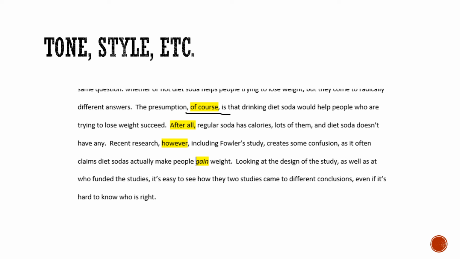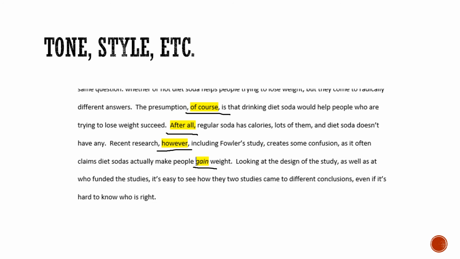After all, again, it sort of pushes that notion that everyone would sort of agree with this. Of course, then the bomb gets dropped here with, however, there's some confusion about this. And even look at this. The author used italics here. The italics in this situation really point out the big discrepancy between the two schools of thought on drinking diet soda.